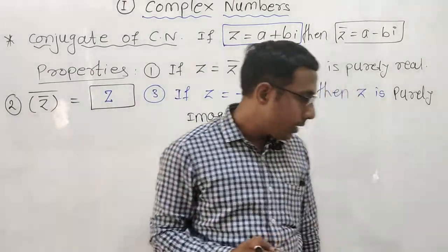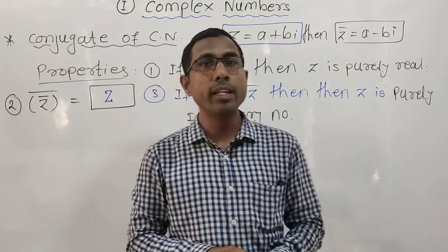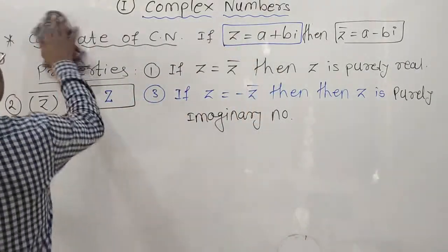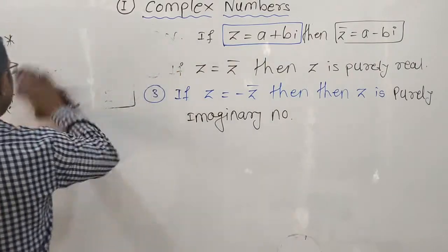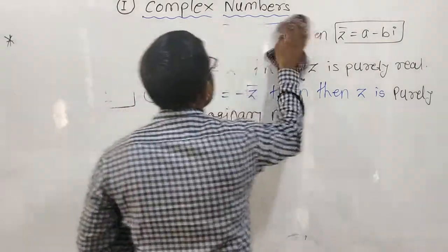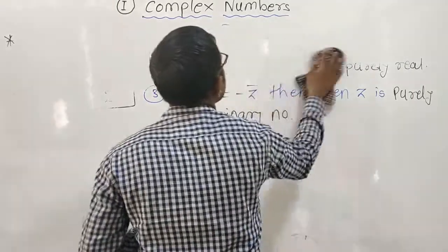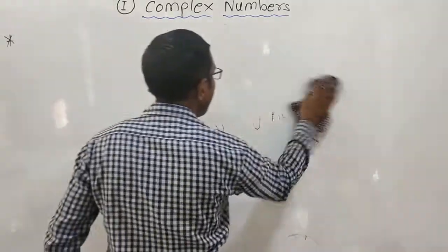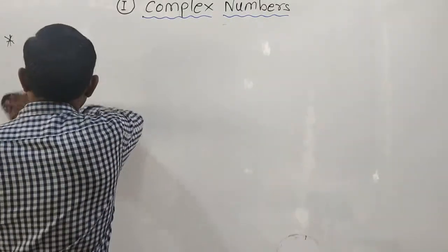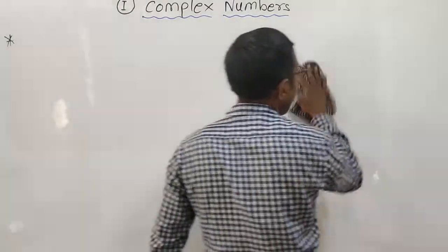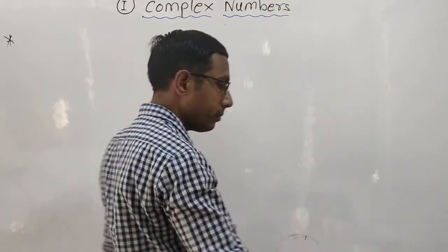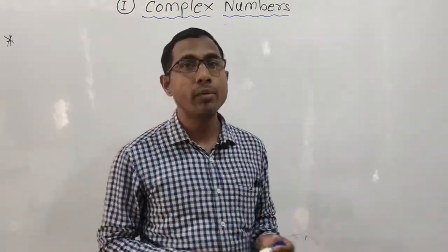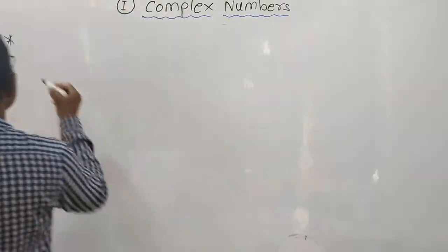Now the next point is related to the next heading, after conjugate of the complex number: algebra of the complex number. The heading itself indicates that we are going to learn how to add, subtract, multiply and divide complex numbers.